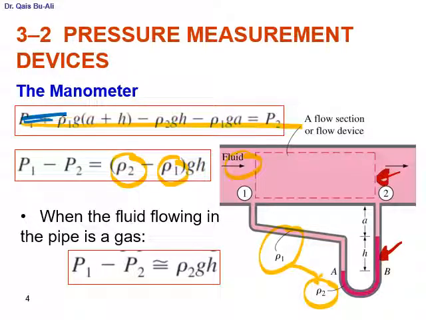The density of mercury is 13,600 kilograms per meter cubed, and the density of air is almost 1 kilogram per meter cubed. There is no comparison, so this is very small and I can drop it. Then I can approximate this equation to this form: P1 minus P2 is almost equal to rho 2 GH after dropping rho 1.